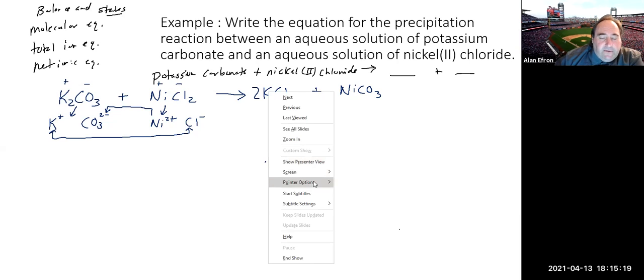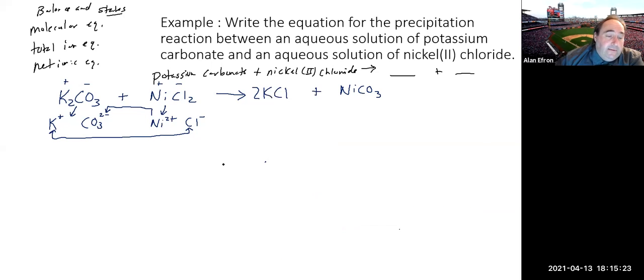Now that we have the molecular equation with the correct formulas, balanced correctly, we can go to our solubility rules to help us determine what is aqueous and what is solid. Looking at my first one, as soon as I see my potassium, that is group number 1, which means there are no exceptions.